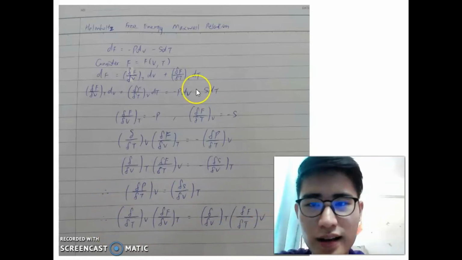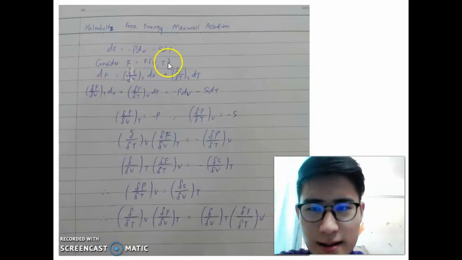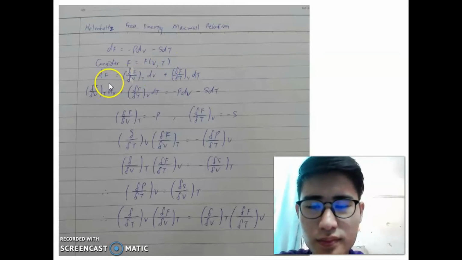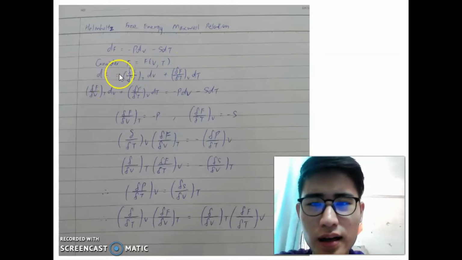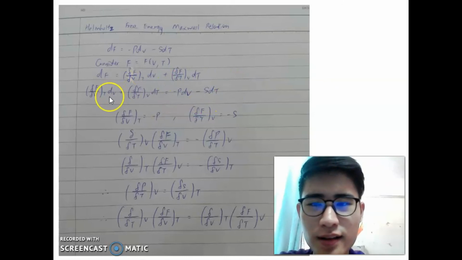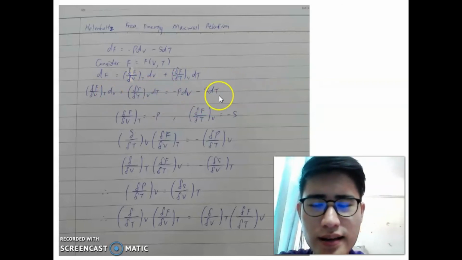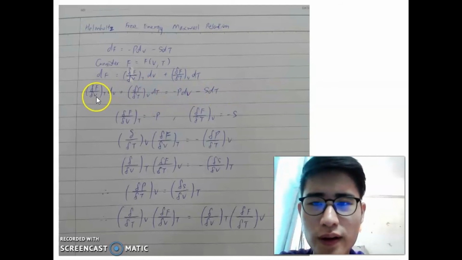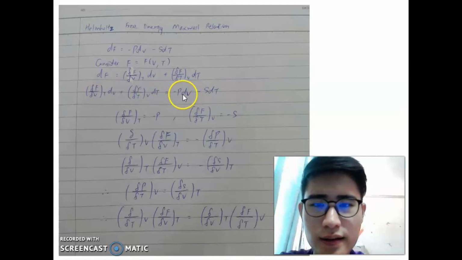So firstly, we have to consider F as a function of V and T. After that, we do the partial derivative for dF. After that, we equalize the dF to solve out this equation. Since we have dV and dT on both sides, we can equalize the dV and dT terms.